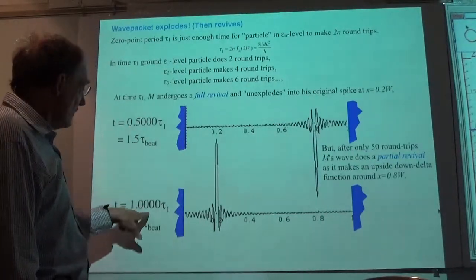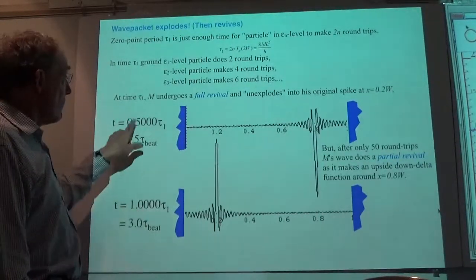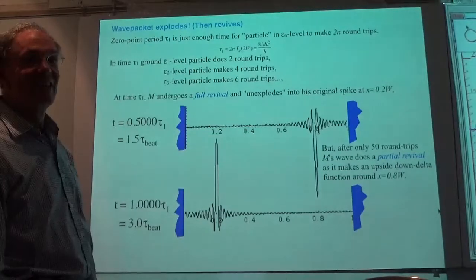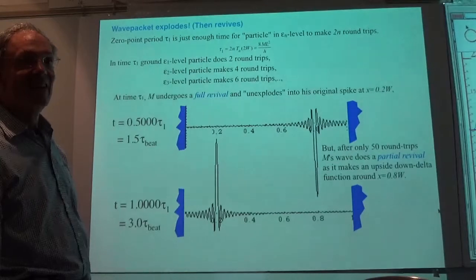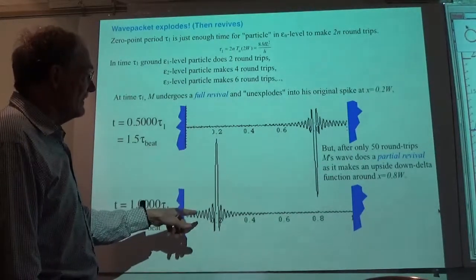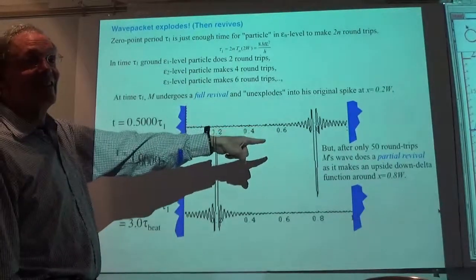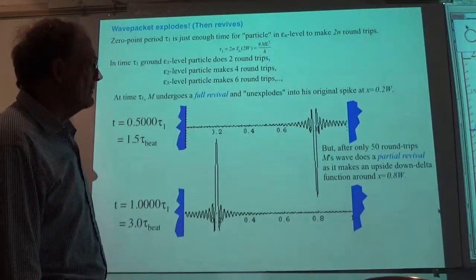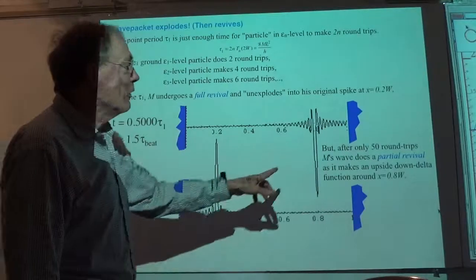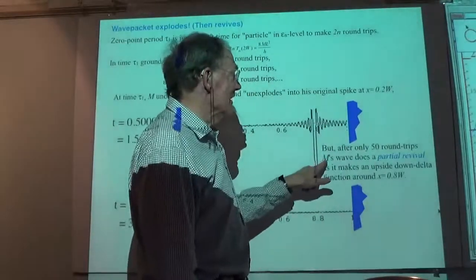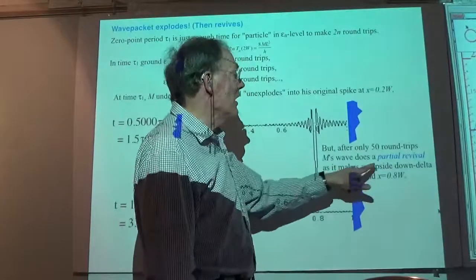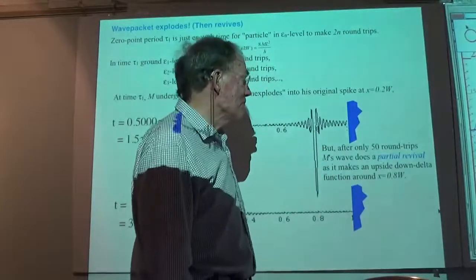At half of this, at 0.5, I get this. Before it does this, it does that. Now this really had me puzzled. After only 50 round trips, the wave does a partial revival and makes an upside down delta.